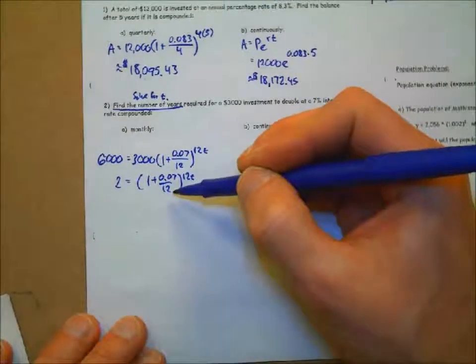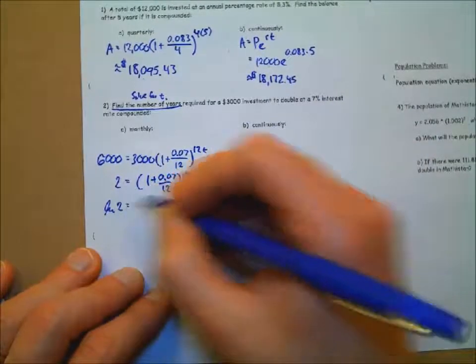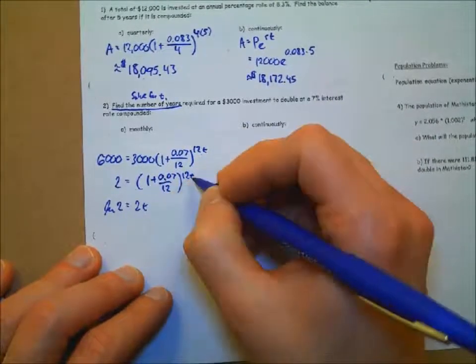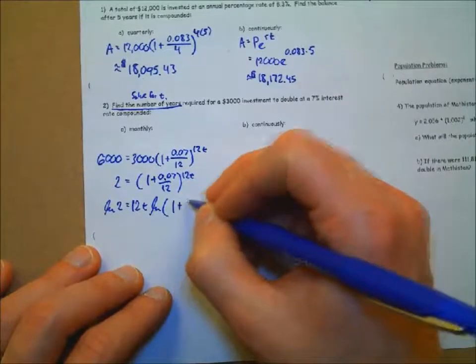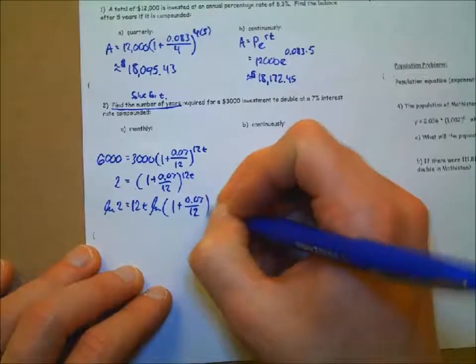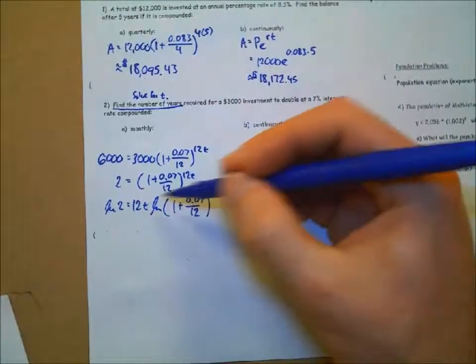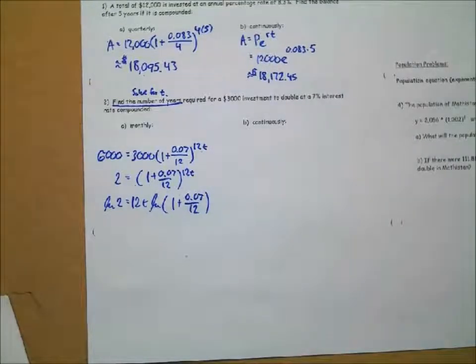That's kind of messy. I'm going to use natural log here. And so that 12t will be able to come out front. So it'll be 12t times the natural log of the quantity 1 plus 0.07 over 12. Again, the 12t would have been the exponent, but I used the property there to bring that down out in front at the same time as taking the natural log of both sides.